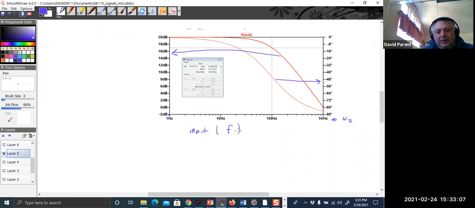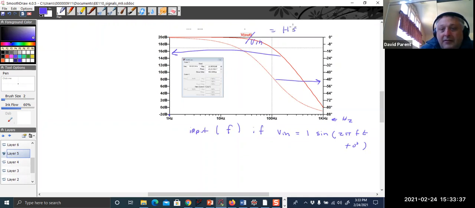What this is, though, is input frequency if Vin equaled 1 sine 2 pi f t plus 0 phase. So everything is scaled by 1, because even though it's Vout, I know that my input is 1. And so this really is Vout divided by Vin, which is the transfer function.